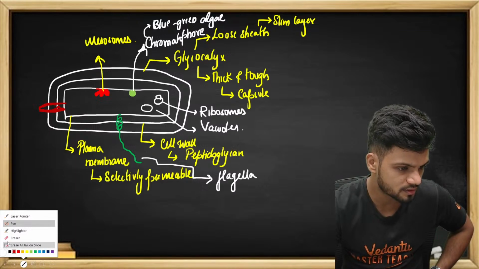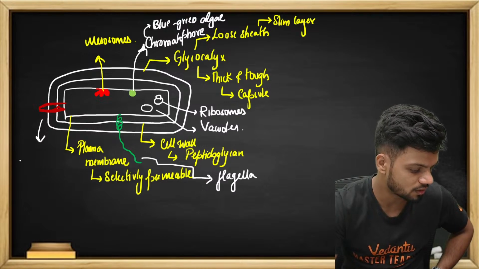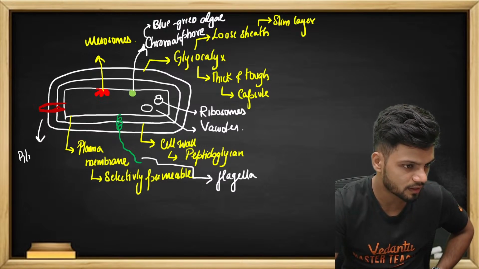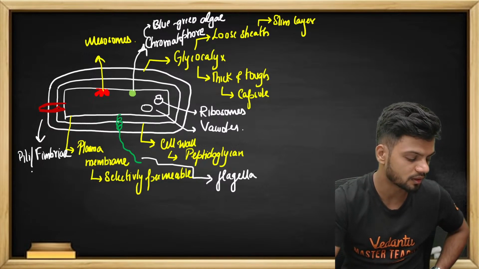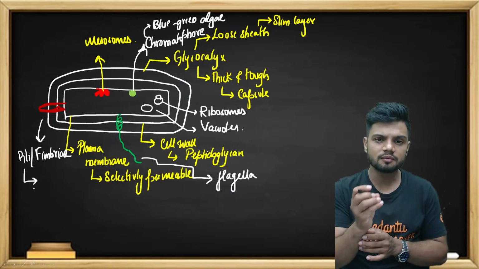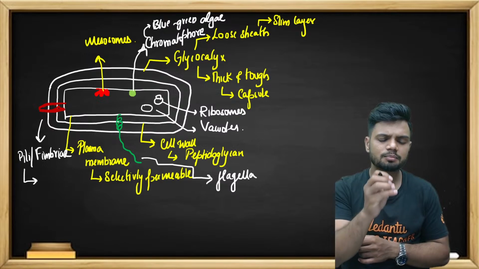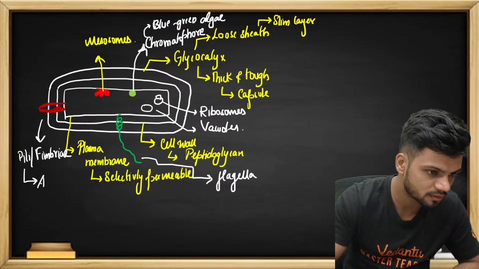These two appendages are called pili or fimbriae. Do pili and fimbriae also help in movement? No. Pili and fimbriae do not help in motility. In fact, pili and fimbriae help in attachment.